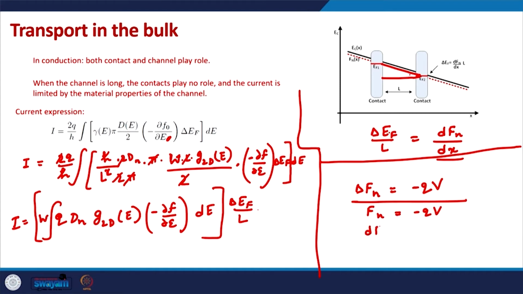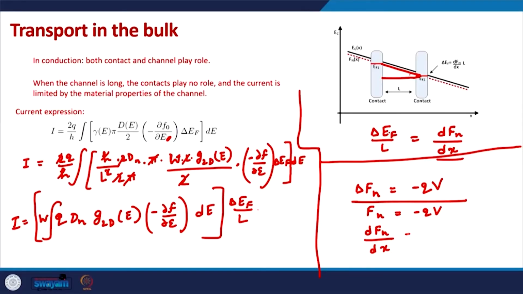And the gradient of the quasi-Fermi level, or even a Fermi level, in case of Fermi level, gradient cannot be there, because if there is a gradient it will no longer be an equilibrium condition, and in that case we only can use the idea of quasi-Fermi levels. So this can be written as Q times minus dV by dx.